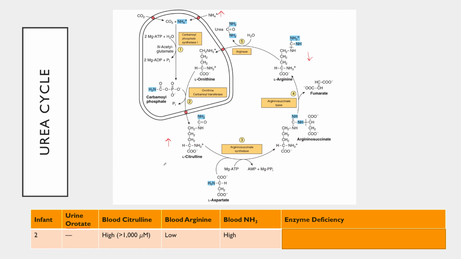So if we have an accumulation of citrulline here, this would suggest that there's a deficiency in either arginosuccinate synthetase or arginosuccinate lyase. A deficiency in either of these enzymes would result in elevated citrulline and a decreased production of blood arginine.